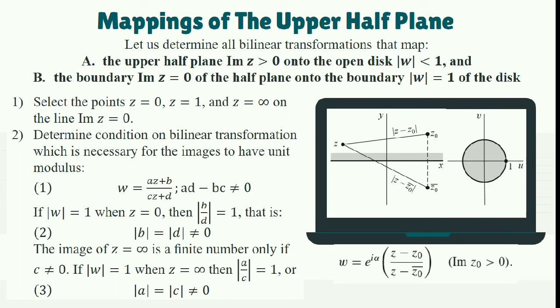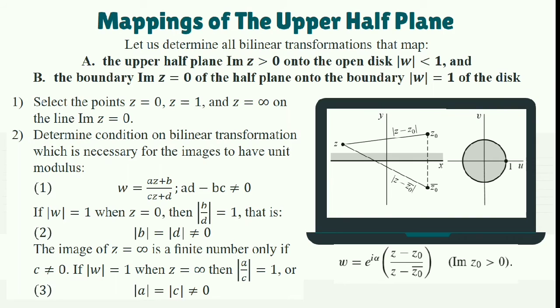Then we have w equal to (az + b) over (cz + d) with the requirement that ad - bc is not equal to 0. If the absolute value of w equals 1 when z equals 0, then we have the absolute value of b over d equal to 1. That is, the absolute value of b equals the absolute value of d, and it is not equal to 0.